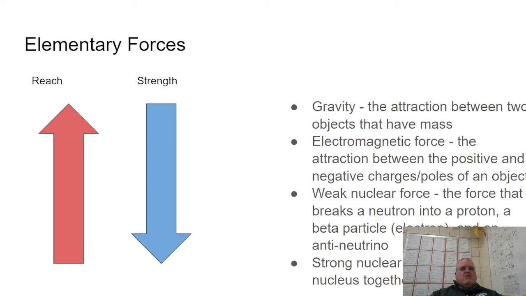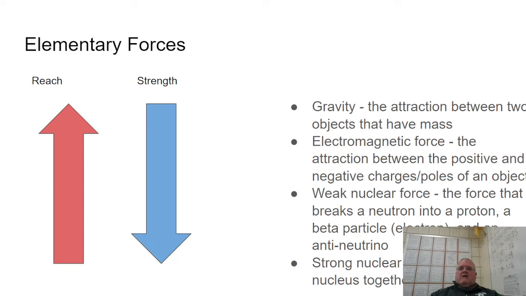It acts over long distances, and that is gravity. Gravity has the longest reach, simply because it looks at the masses of two objects, and you can calculate how far they're going to move towards each other.